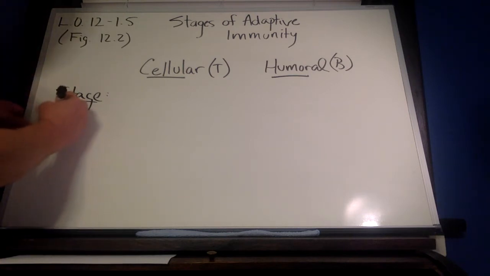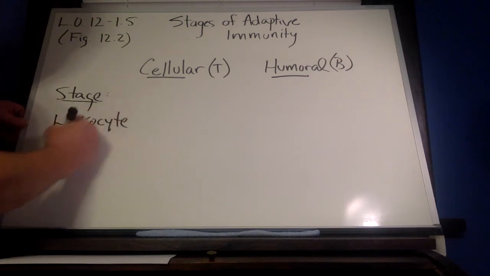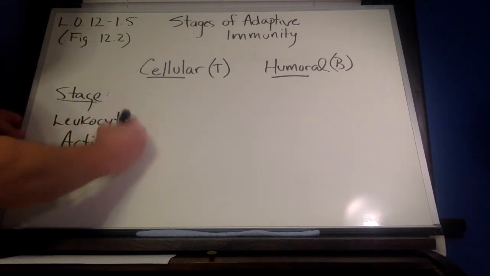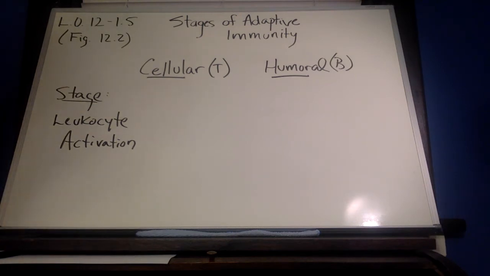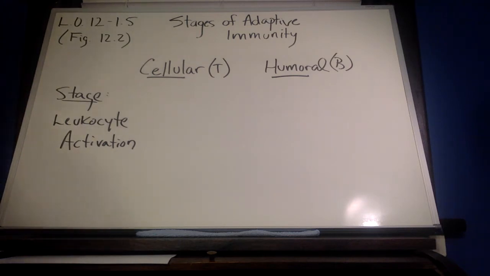Next, once we find one, we need to get activated. So step 2 is called leukocyte activation. You'll notice that once these cells have found a foreign particle and antigen, they are then going to release cytokines, just like we talked about.